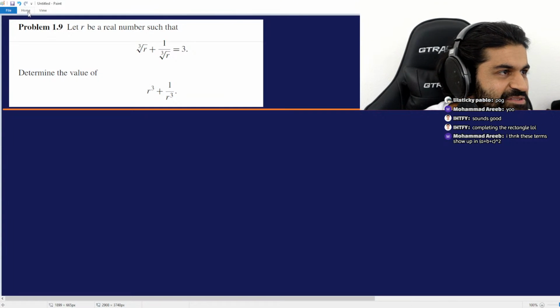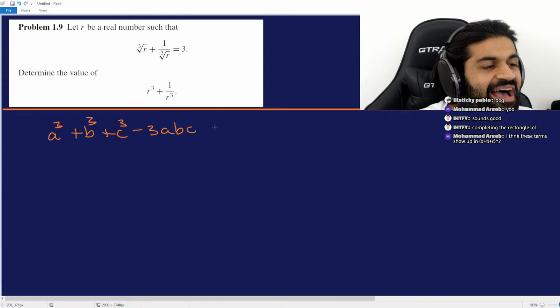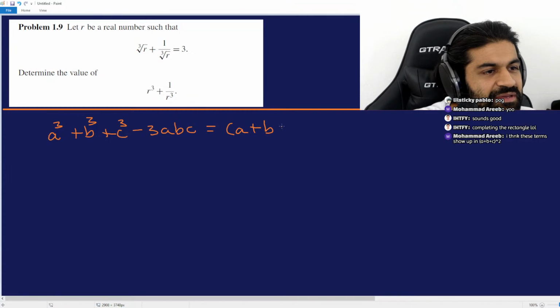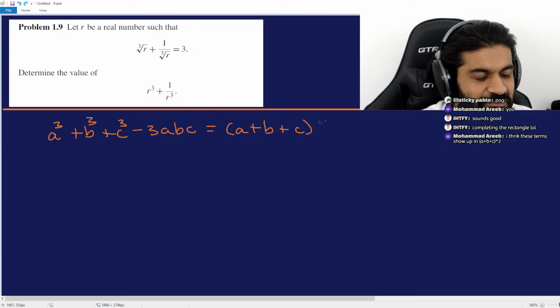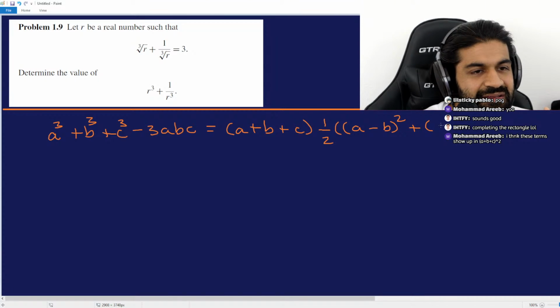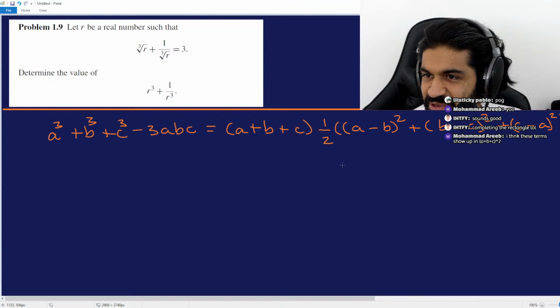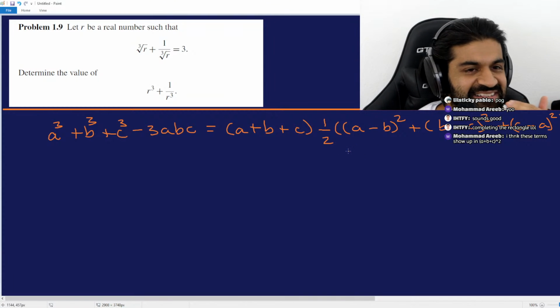We have, or at least we've justified in one way, that a cubed plus b cubed plus c cubed minus 3abc is in fact equal to a plus b plus c times, there's a number of different ways to write it, but one way would be times 1/2 times a minus b quantity squared plus b minus c quantity squared plus c minus a quantity squared. A rather lovely, very beautiful factorization. I like this one a lot.